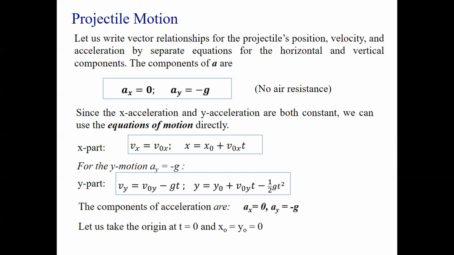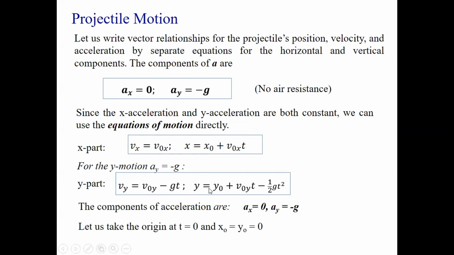So for the x part, we write Vx as an initial value of V0x, and from this we can write the x position at any time, starting from the x0 position, plus V0x times t. And for the motion along the y direction, Ay is equal to minus g. Therefore, the y part is Vy equal to V0y minus g times t.